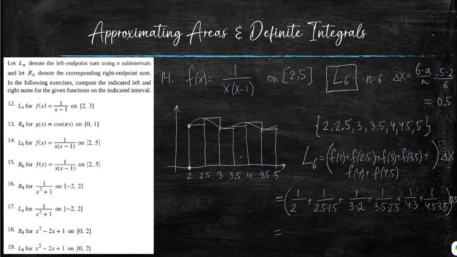And just for the sake of finishing this exercise, 1 over 3 times 2 plus 1 over 3.5 times 2.5 plus 1 over 4 times 3, almost there, plus 1 over 4.5 times 3.5, and all of that gets multiplied by 0.5. So I'll show you what I got here.